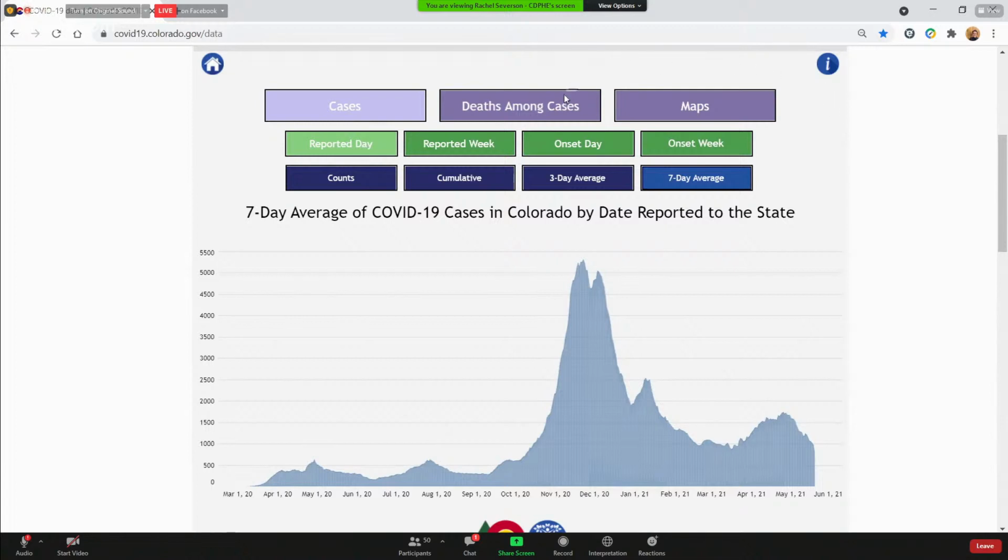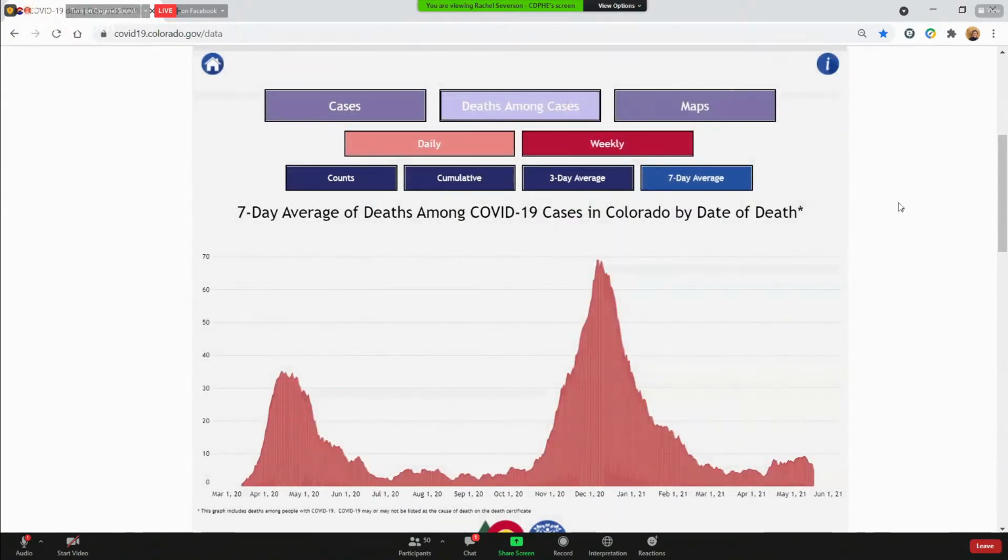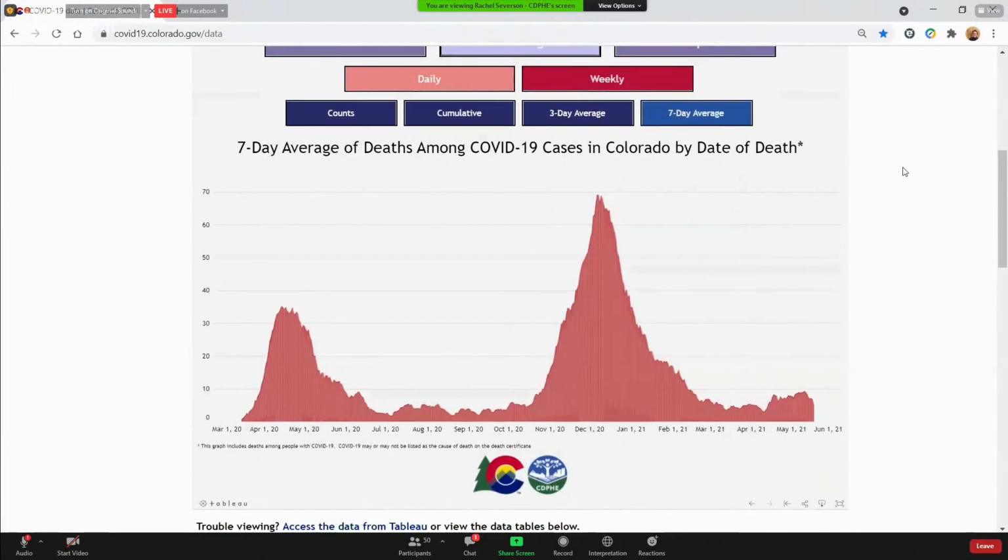I can also click over to the middle button here and look at deaths among cases. So this represents people who have passed away within 30 days of their positive COVID-19 test date. And it's a quick epidemiologic surveillance measure to help us get an idea of what's going on with COVID deaths in the state.